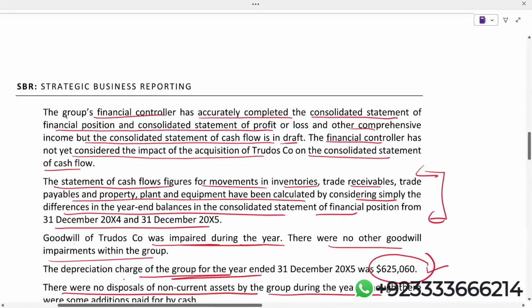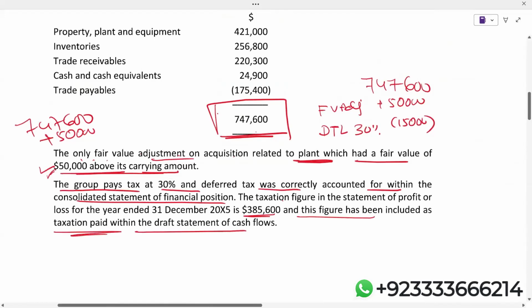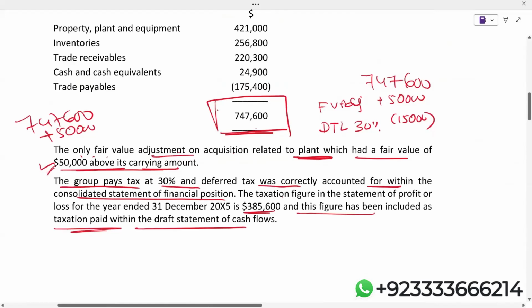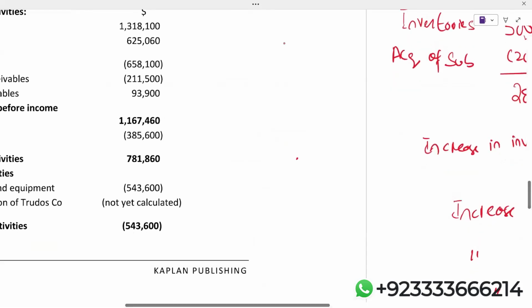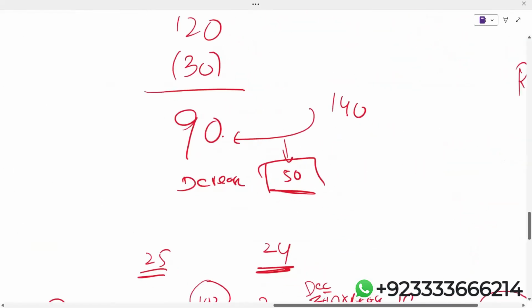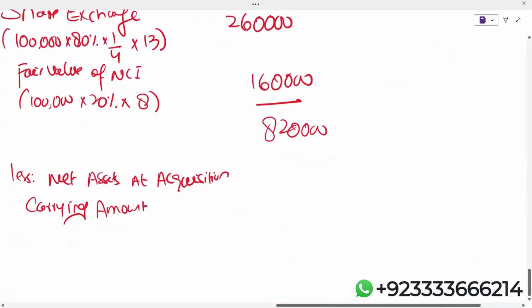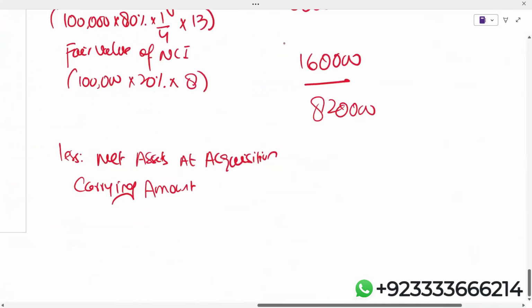Where is the carrying amount? 7,47,600. Carrying amount is 7 lakh 47,600.